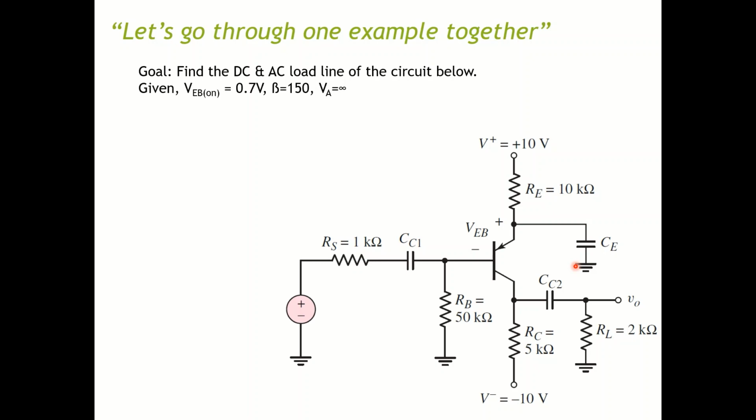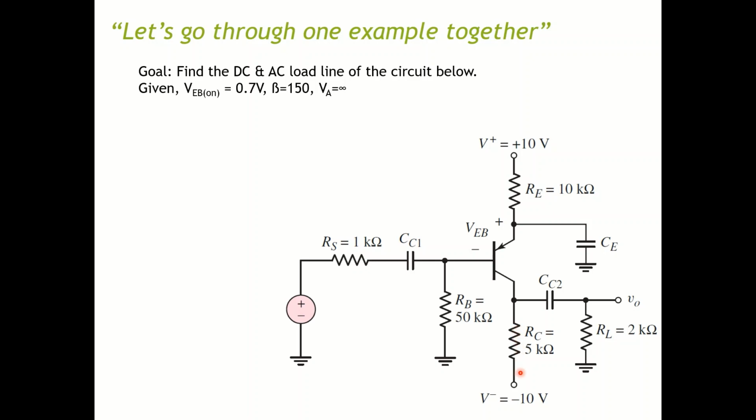So effectively, during DC condition, your current will flow through this line over here. Your current will flow from top, follow this, and go in here.